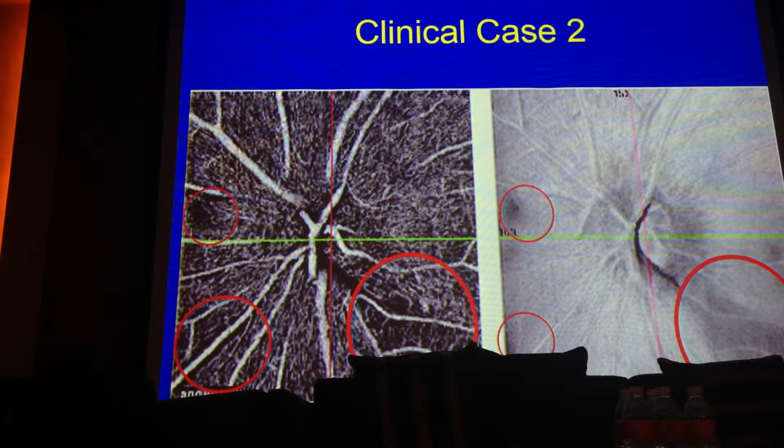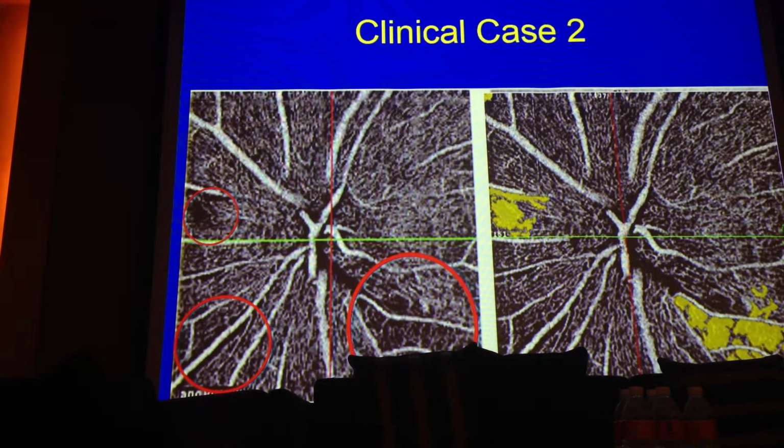But at the beginning of the study, we now have to quantify these defects. So we have the first software to detect the non-perfusion areas, and we can detect a few of these non-perfusion areas, but this part and this part were not detected with the system.